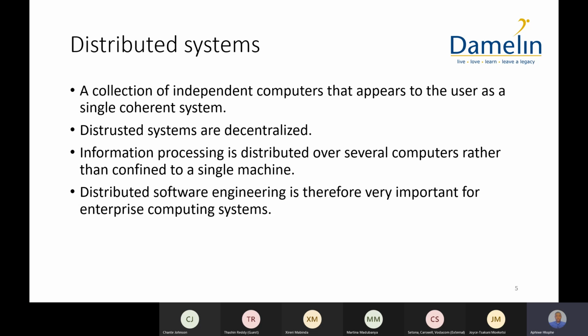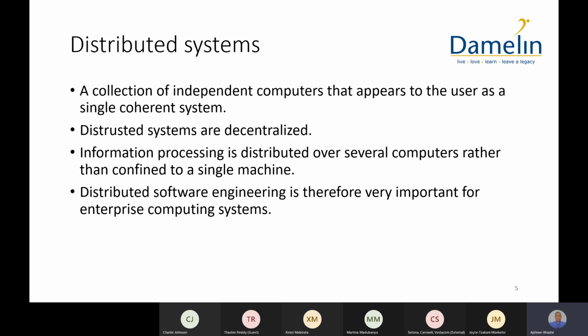And information processing is distributed over several computers rather than confined to a single machine. With the typical client-server architecture that we know, or the two-tier architecture, there will be the client, and then there will be the server, which is in charge of managing resources and providing the processing power. The client is just the terminal to the server, okay?